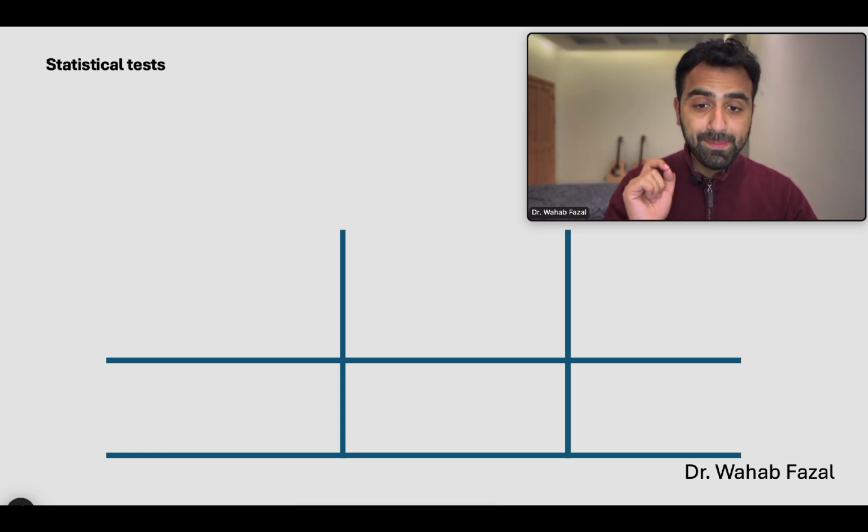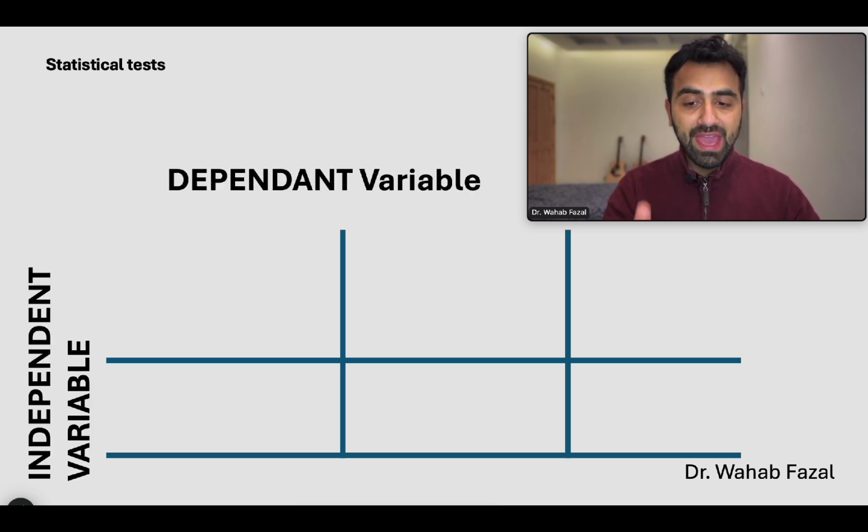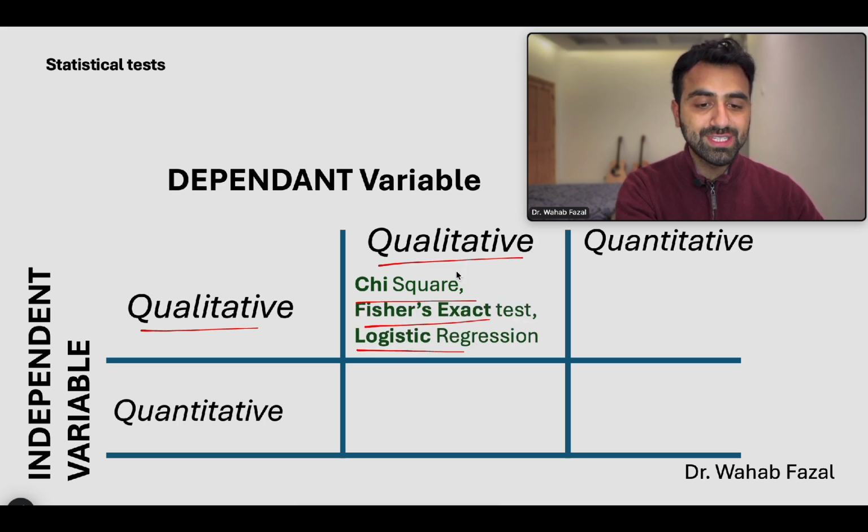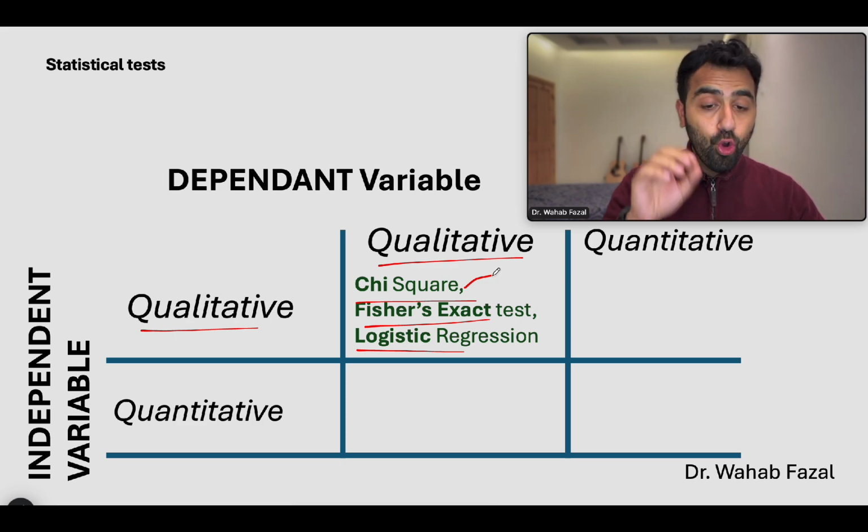So let us look at our table again. We have independent variable on the rows and dependent variable on the columns. For a qualitative input and a qualitative output, we have chi-square, Fisher's exact, and logistic regression. Chi-square is for two or more categorical qualitative variables, usually with a large sample size, and the number of values in each cell needs to be greater than 5.